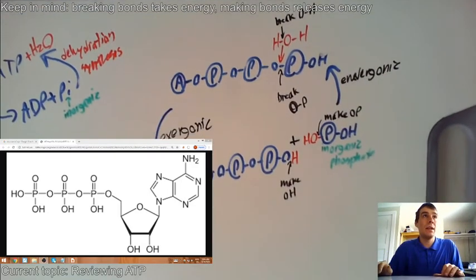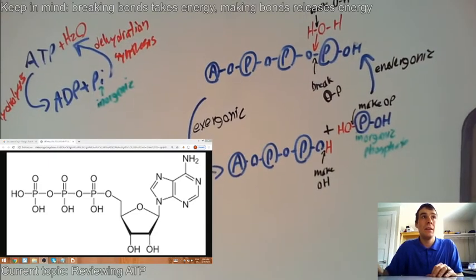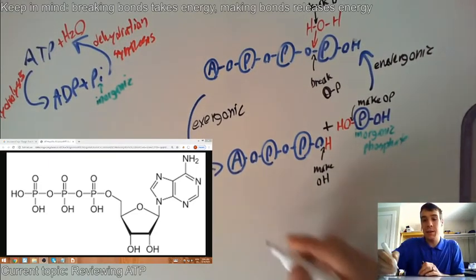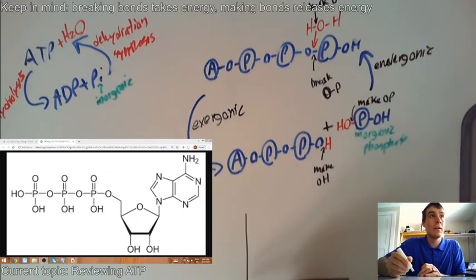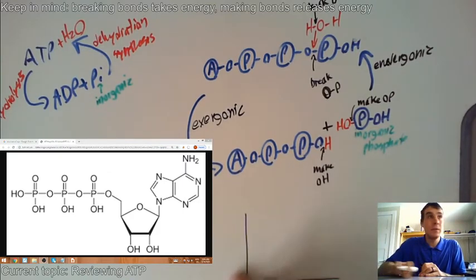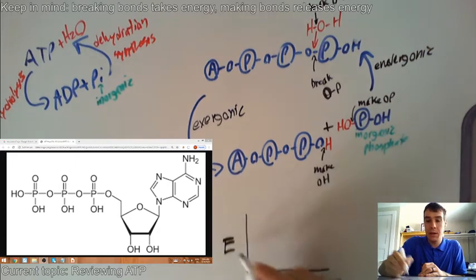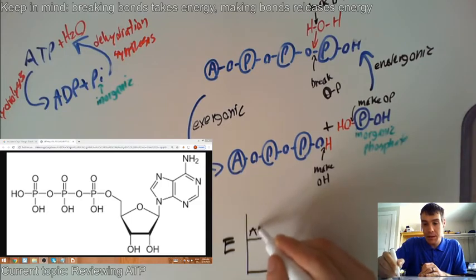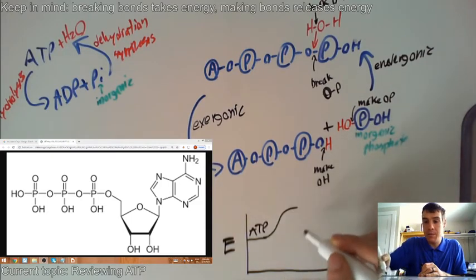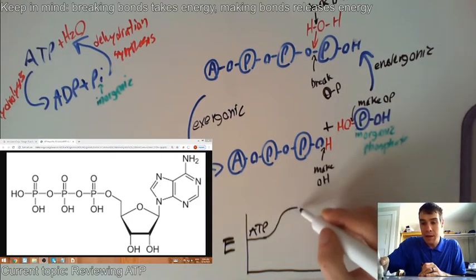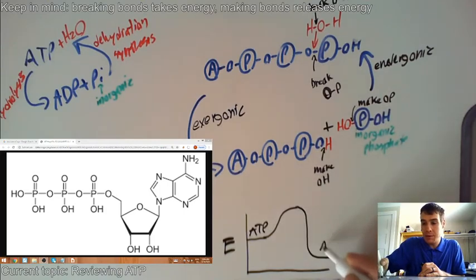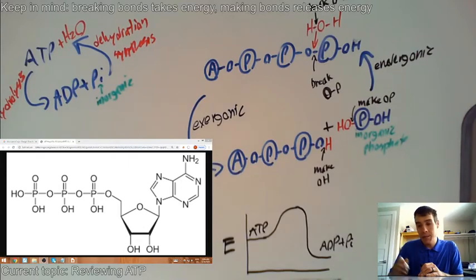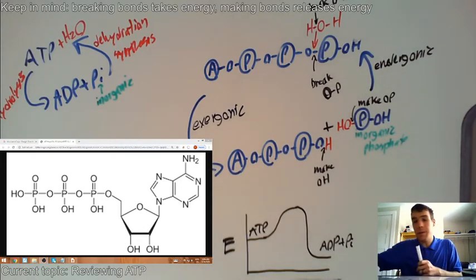Looking at the energy diagram for this, if we wanted to make an energy diagram, we might have ATP here. We have to break bonds to come up, and then we make bonds to come down. ATP plus Pi. And so it moves back and forth.